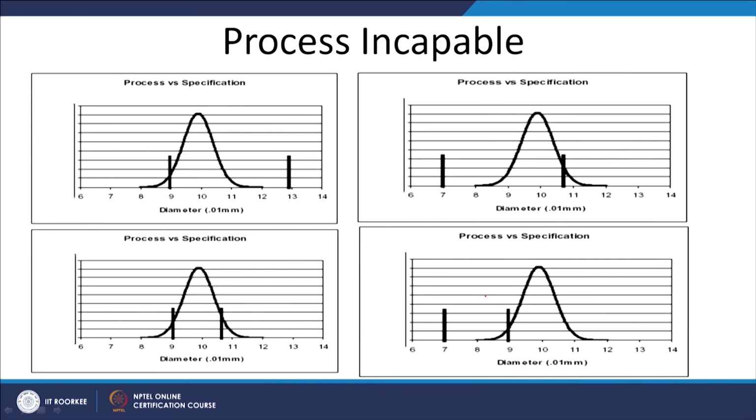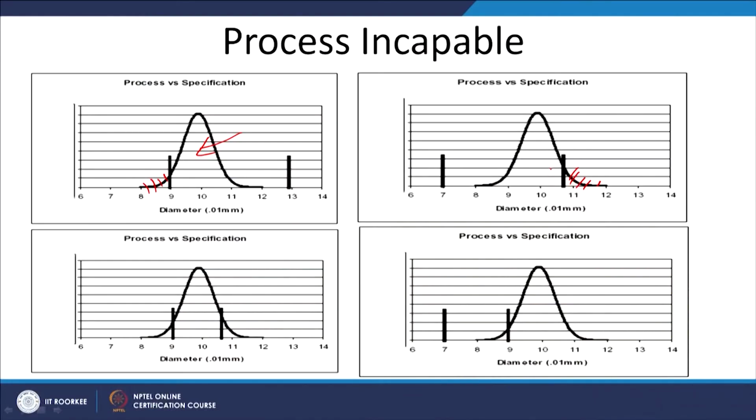But we may have a situation where the variability is the same, but the process mean has shifted towards the lower side, then we will see some of the things are being manufactured beyond the lower specification limit. In this case, some of the things are being manufactured beyond the upper specification limit. So, this is happening because of the shift; the process is centered close to the upper specification limit or close to the lower specification limit.